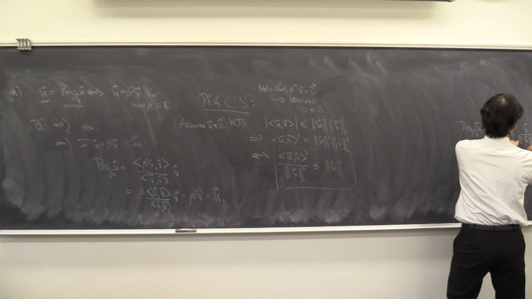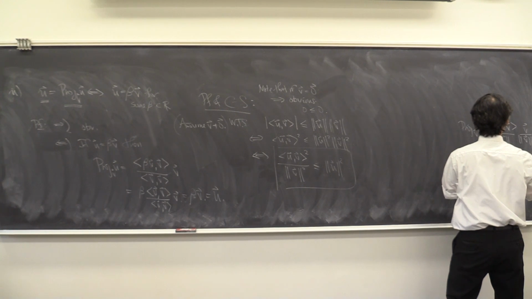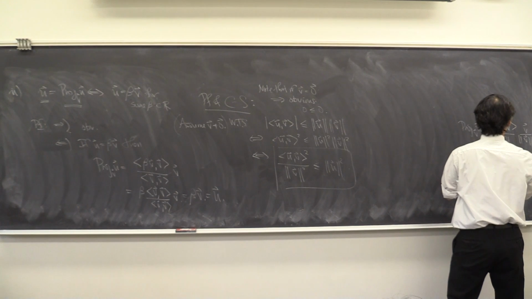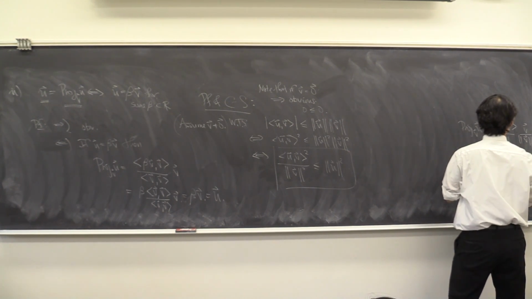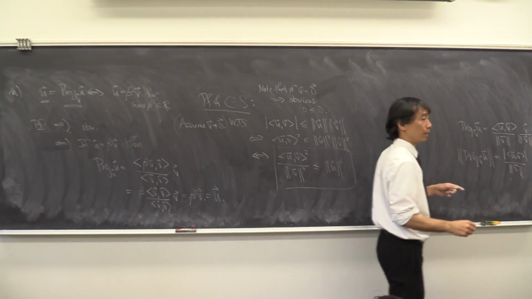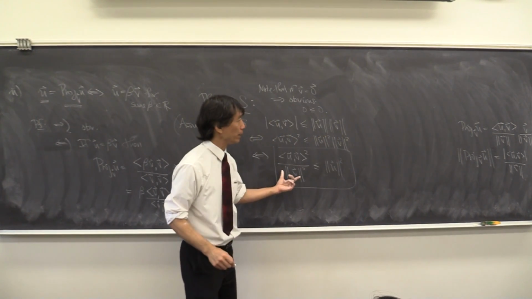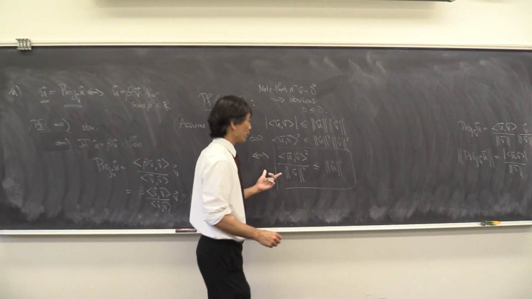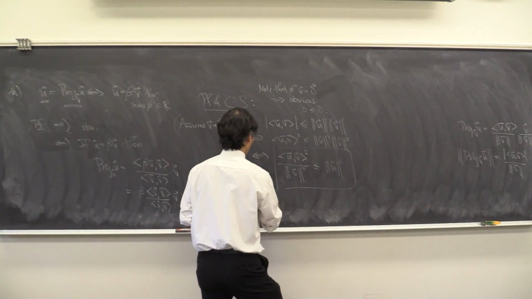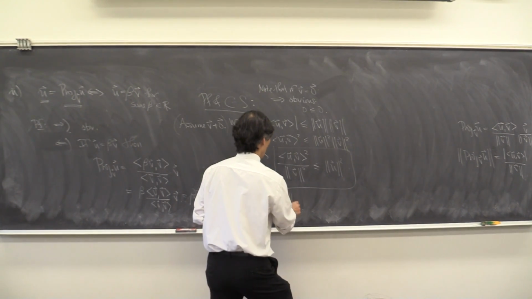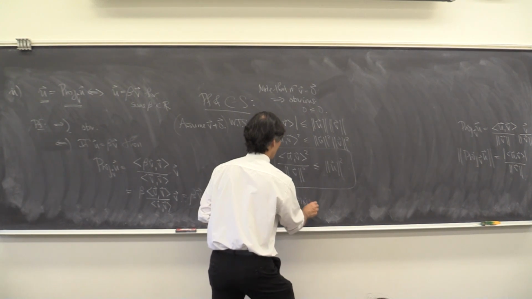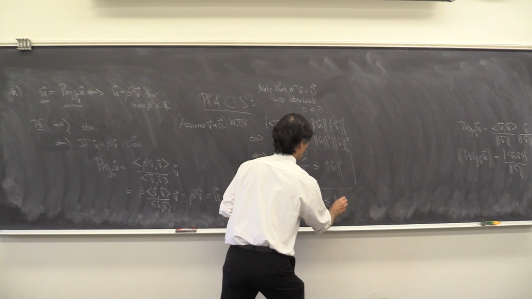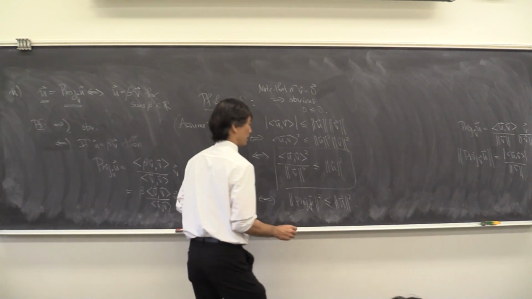The size of this is 1. You pull out this constant, you get absolute value of uv over norm of v. So this thing on the left here is the square of that. Okay, so our question is, we want to show that the norm of the projection of u onto v squared is less than or equal to the norm of u squared.